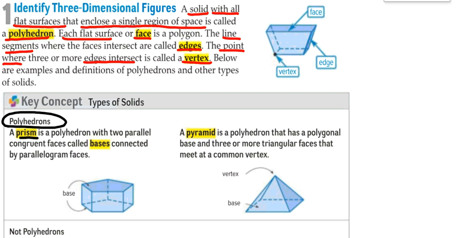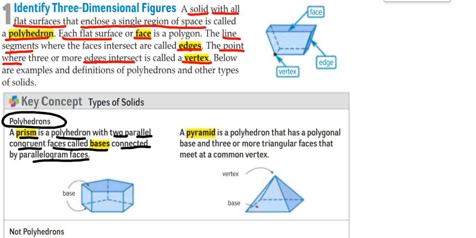The reason the book authors say parallelograms is because it could be oblique, and the book is written for anybody in the United States. We focus in Minnesota on right prisms. So it's a polyhedron with 2 parallel congruent faces called bases, connected by, it says parallelogram faces, but ours are going to be rectangles.